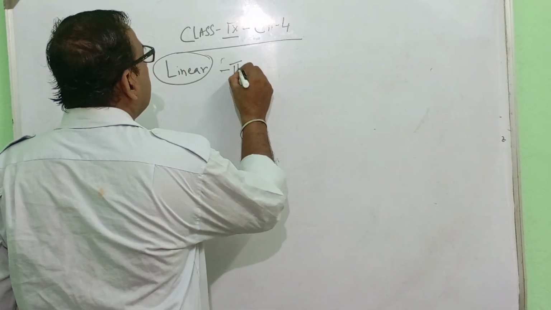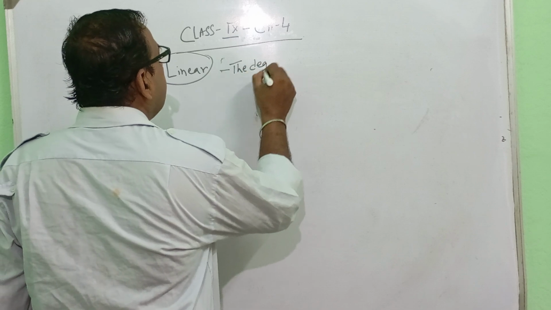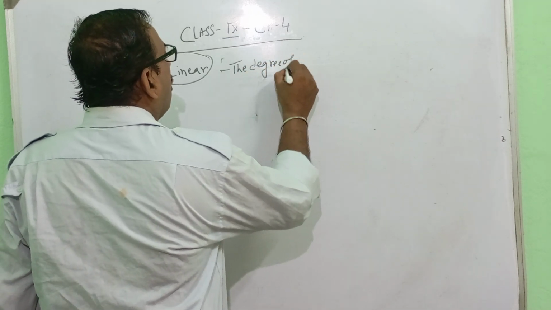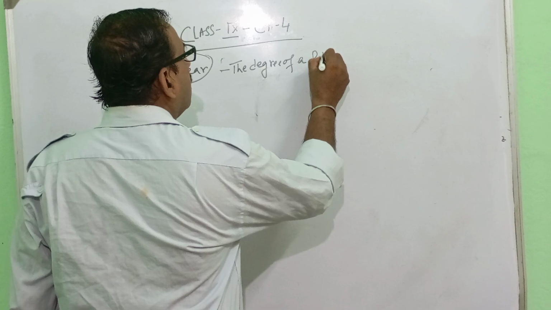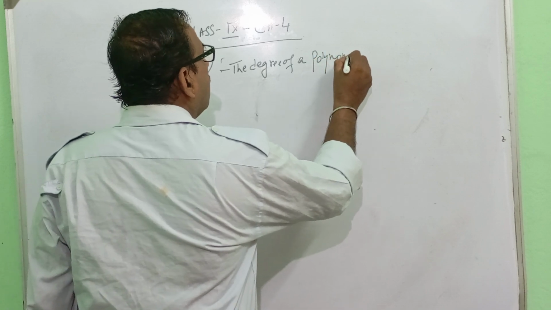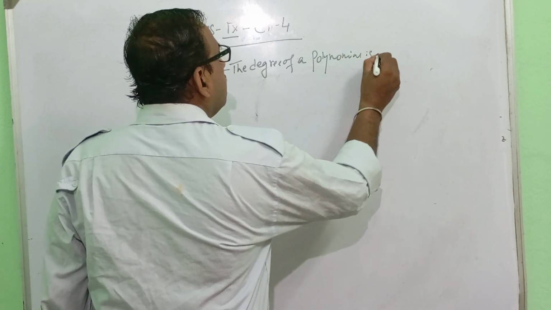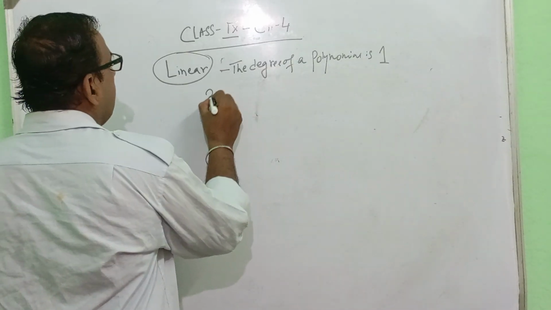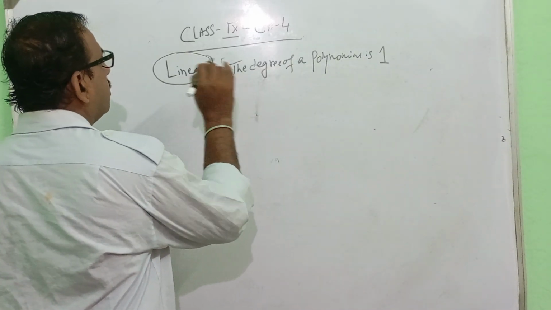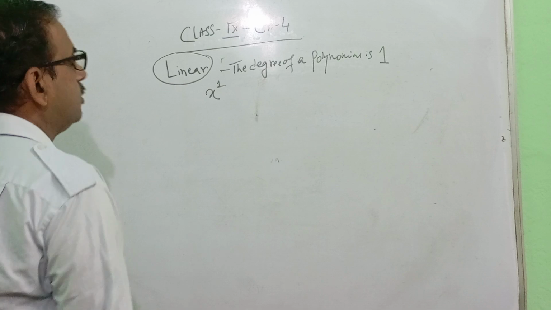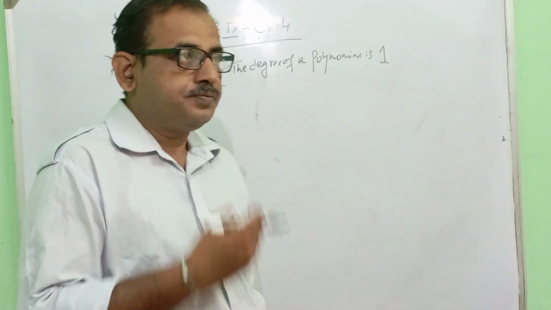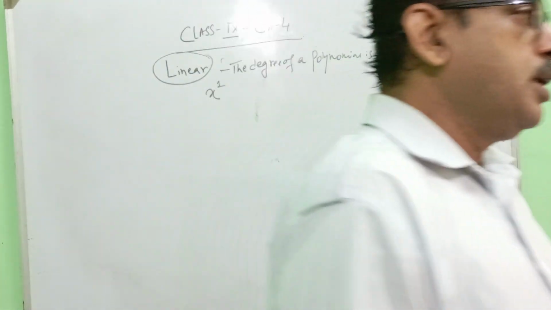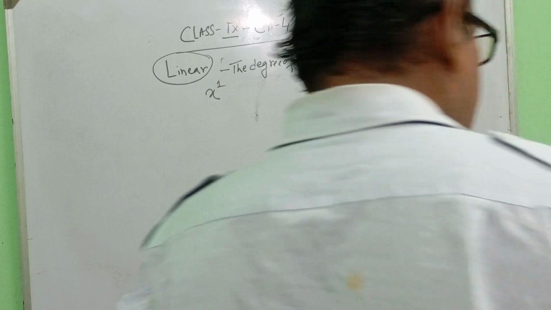The degree of a polynomial is 1. That is x to the power 1. Clear? x to the power 1.